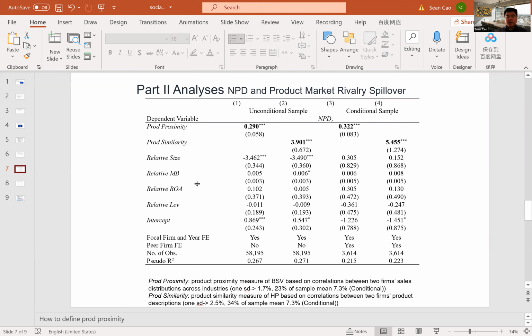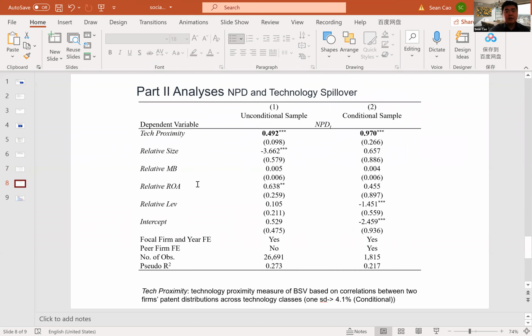We also found technology similarity matters. If Global Scape and Dropbox have very similar technology and patents, the companies are also more likely to post their competitors' product weakness.